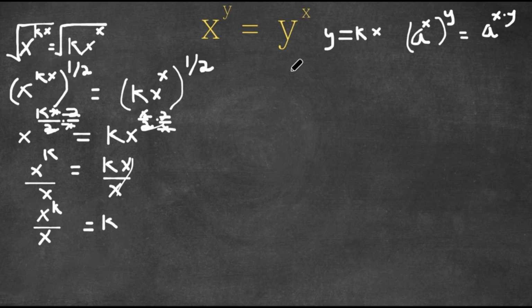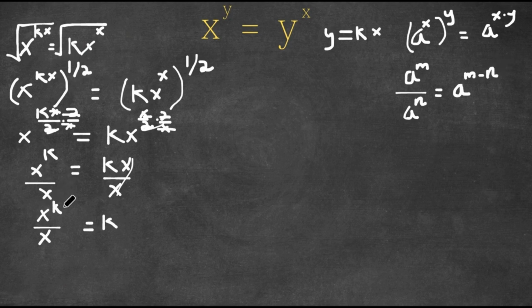Now, if we have a to the power of m over a to the power of n, for dividing exponents, this is the same thing as a to the power of m minus n.